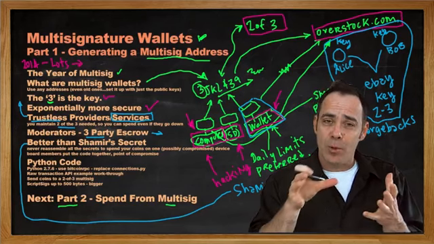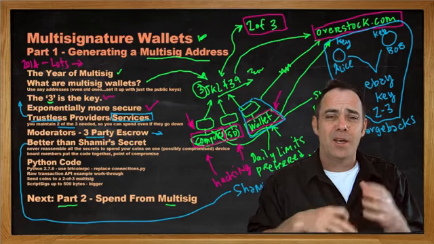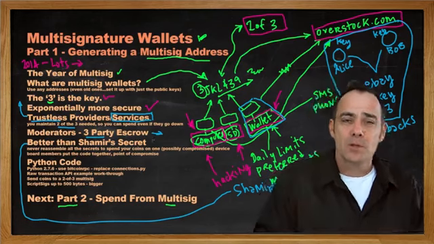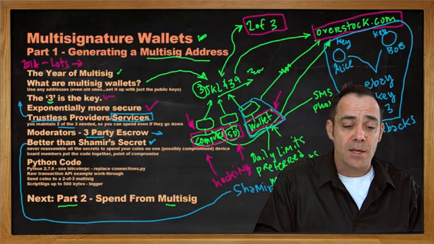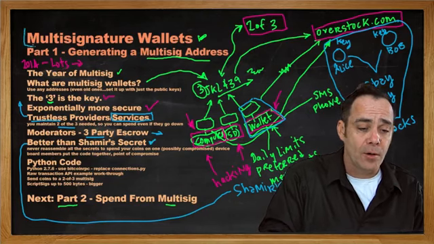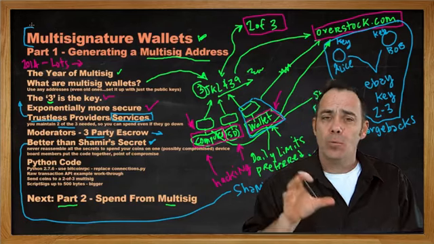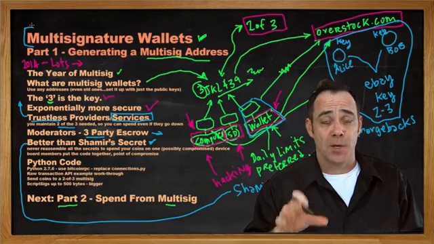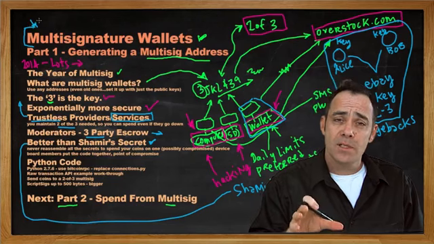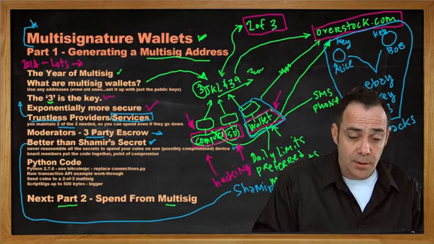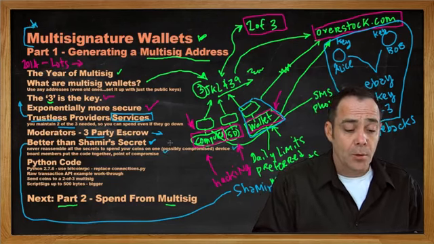Okay, so anytime you bring just 1 key together, you've kind of put yourself at risk. So try to avoid the hype and the beauty of this name, Shamir's Secret. It is not as cool or as powerful as multi-signature, and really should just not be used, okay? So if you're really looking to increase security, and you should be, then multi-signature is the way to go. And these are the 2 reasons why, okay?